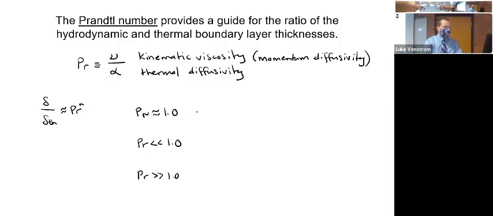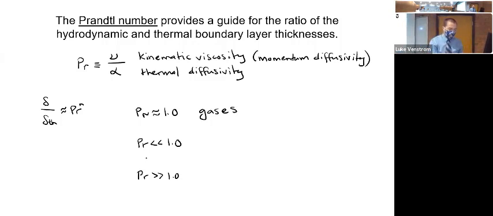So the approximately equal 1 case are all of your gases. Any gas has a Prandtl number basically between 0.65 and 1.2. So in gases, momentum and thermal energy are diffused on similar timescales. So the nature in which those two things move are very similar.